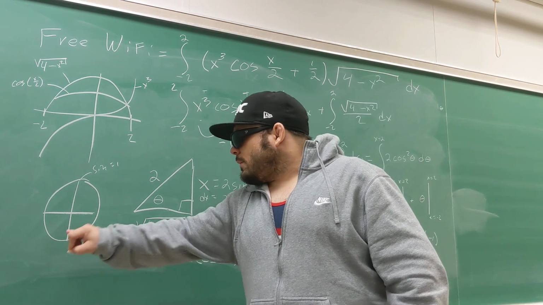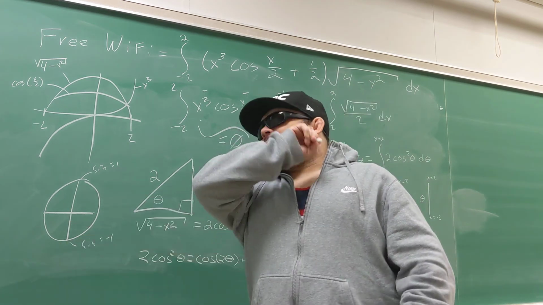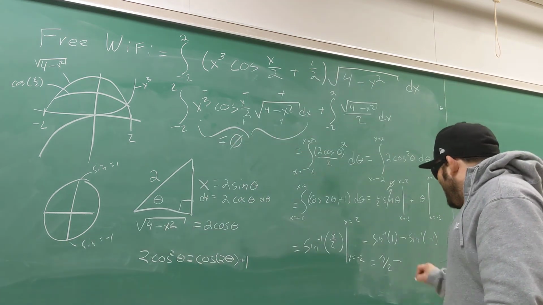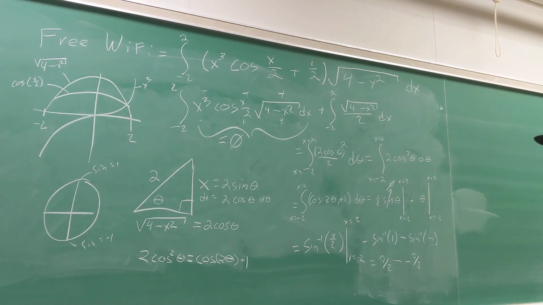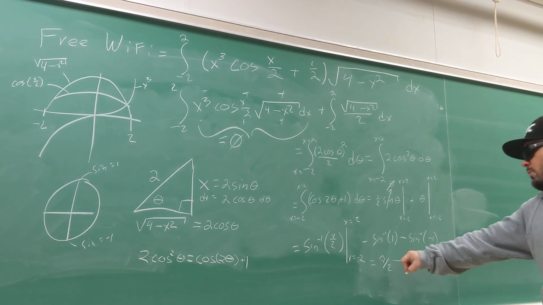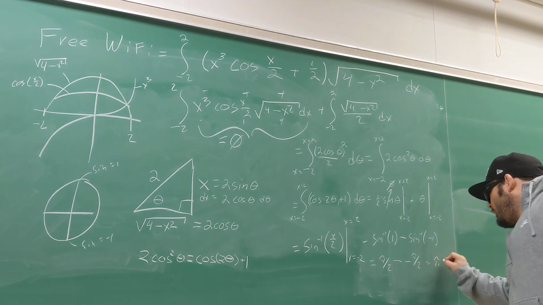Sine is negative 1, it means we're at negative pi over 2. Pi over 2 minus negative pi over 2 is pi.